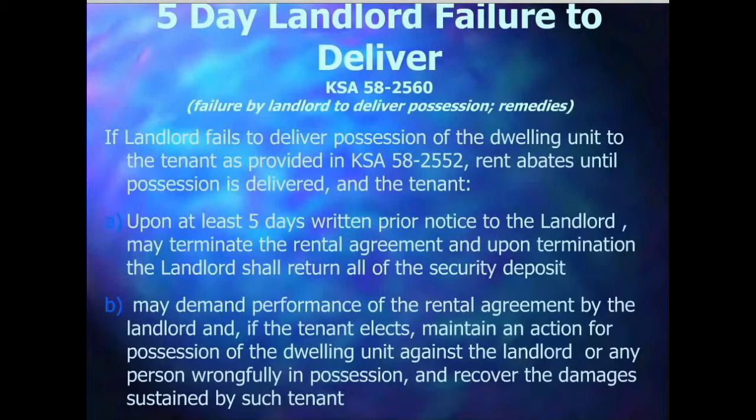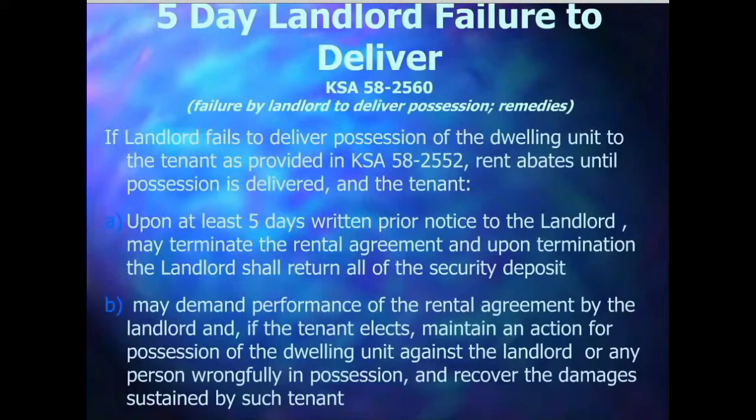We'll begin with a 5-day landlord failure to deliver notice as defined under KSA 58-2560. If your landlord fails to deliver possession of the dwelling unit to the tenant as provided under this statute, rent will abate until possession is delivered, and the tenant, upon at least 5 days written prior notice to the landlord, may terminate the rental agreement, and upon termination, the landlord shall return the security deposit.